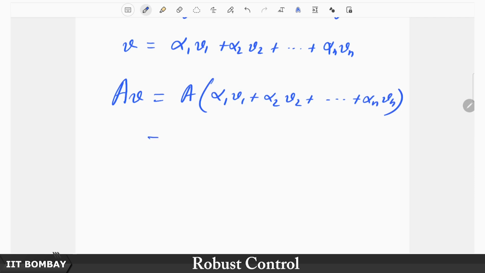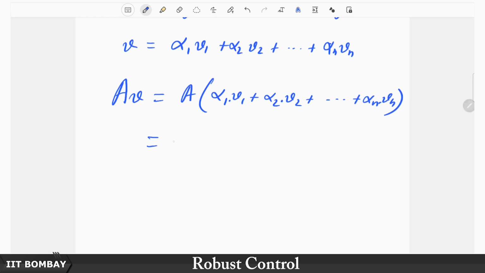Now I invoke the linearity property. So remember that this scalar multiplication is happening in V, but I have seen that whether I do the scalar multiplication in V and then pass it through the linear map, or I first pass each individual element through a linear map and then do the scalar multiplication in W, it matters not insofar as a linear map is concerned, right.